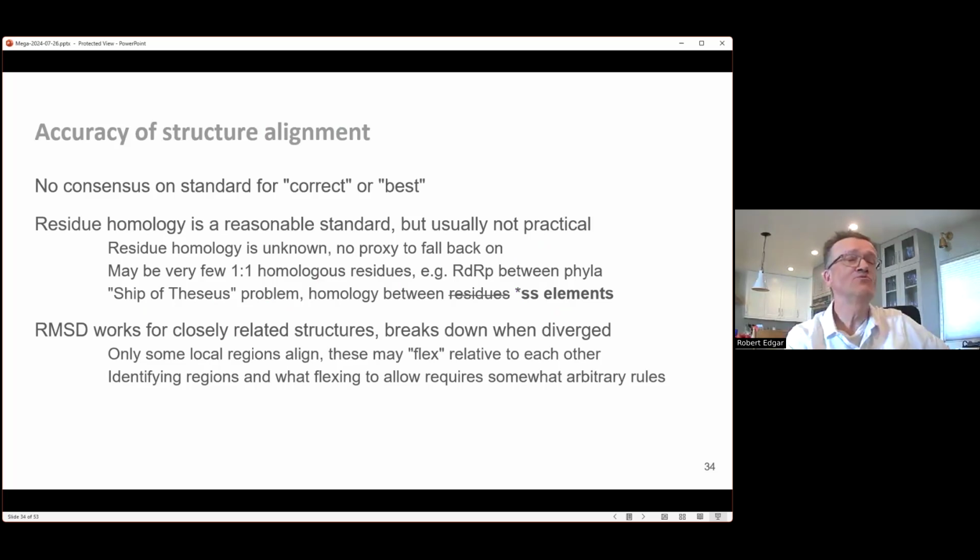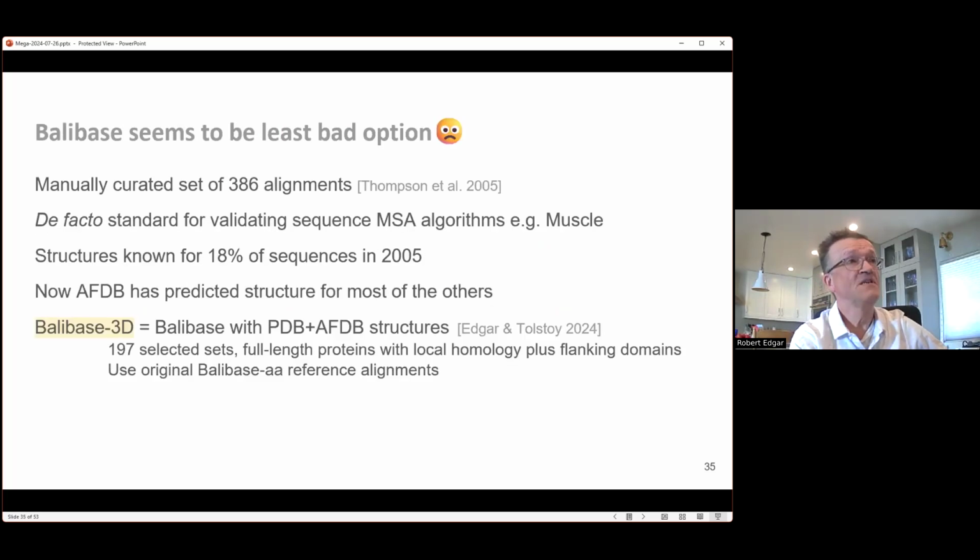So there's no consensus on how we should evaluate the correctness or the quality of an alignment. Residue homology is still reasonable, but it's not practical because we don't know it and we don't have an even better standard to fall back on. You can use things like RMSD, but that breaks down as well when you have more distant structures. So what to do?